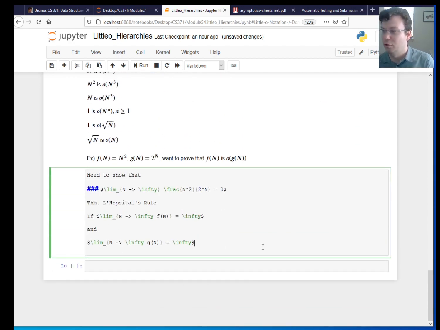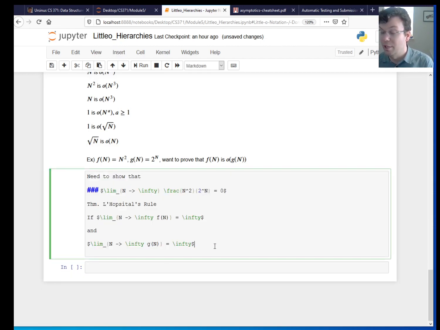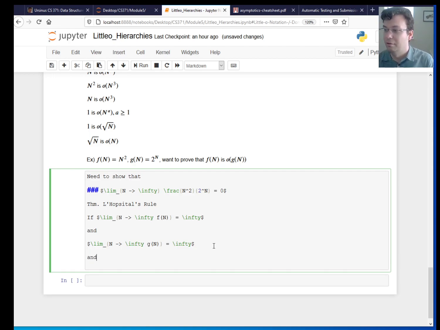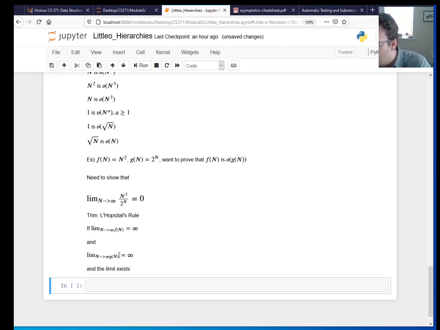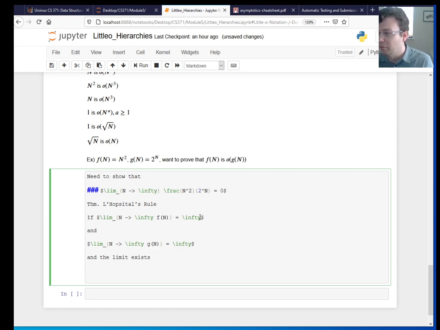But there's a rule called L'Hopital's rule that says if both of them go to infinity, and the limit exists, so that it turns out to be a constant or 0, then it's true that the limit actually equals the limit of the ratio of the derivatives here.